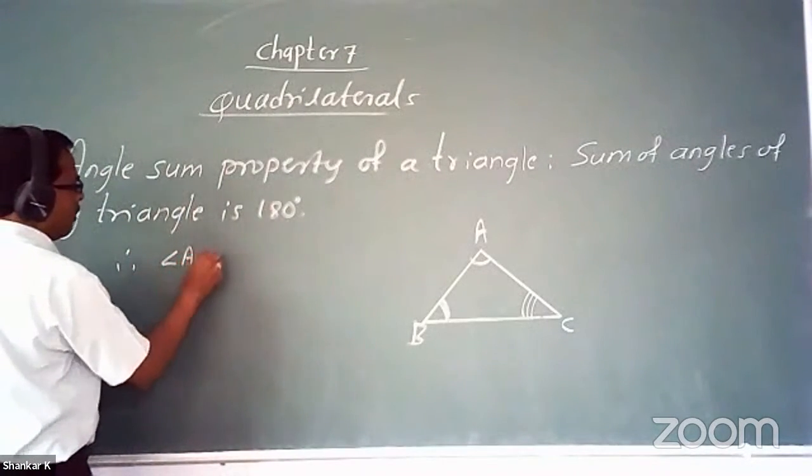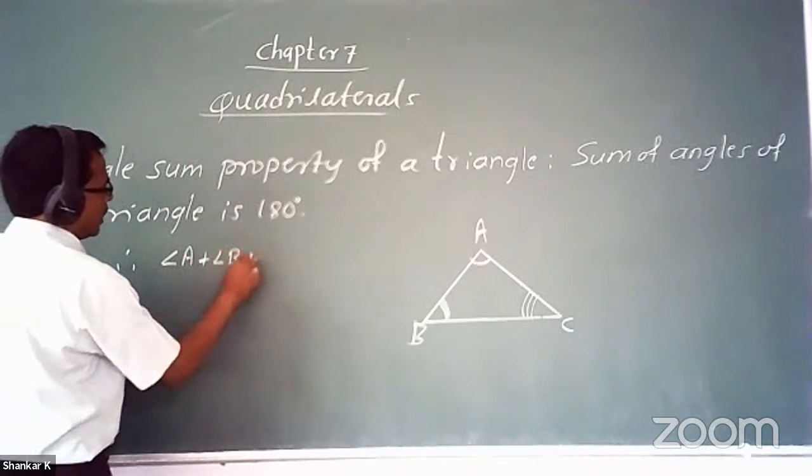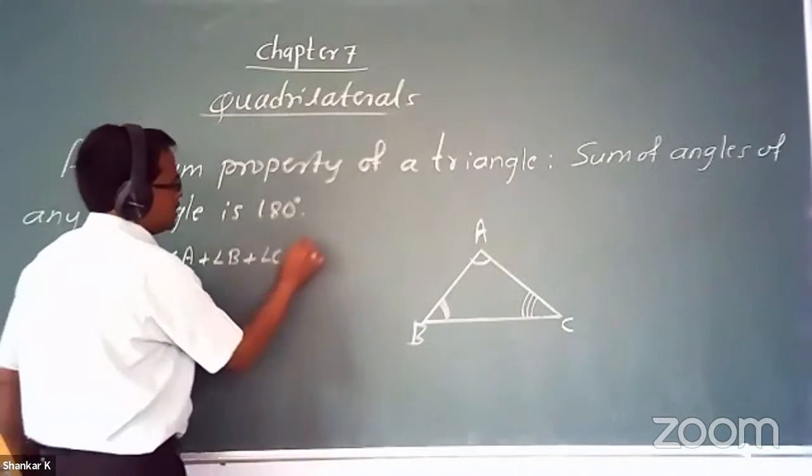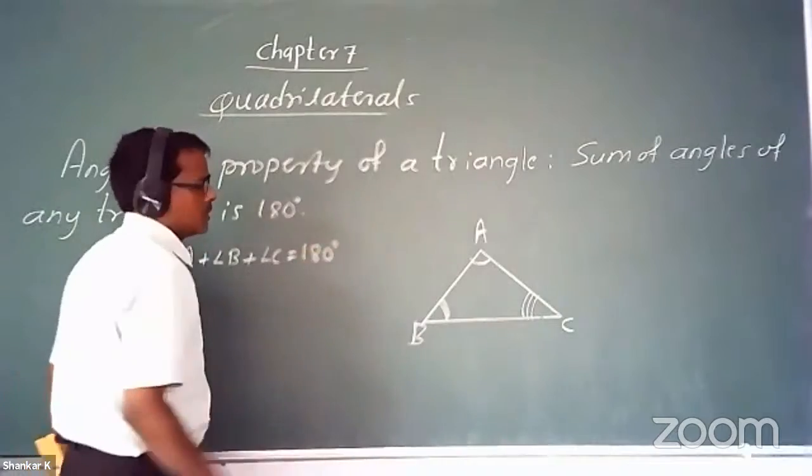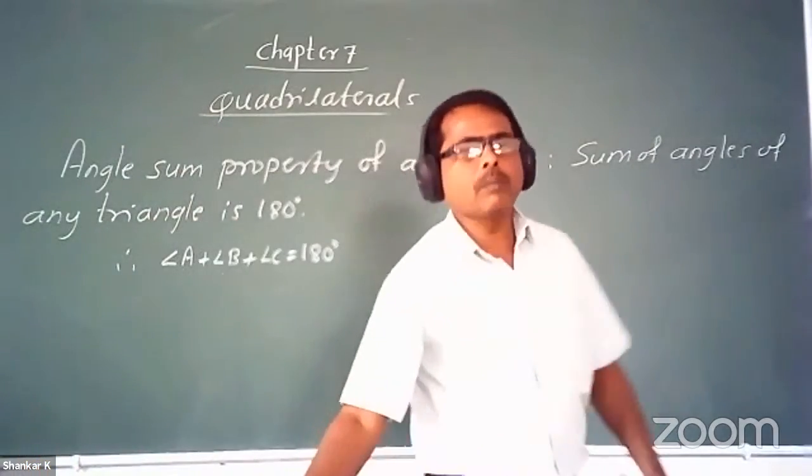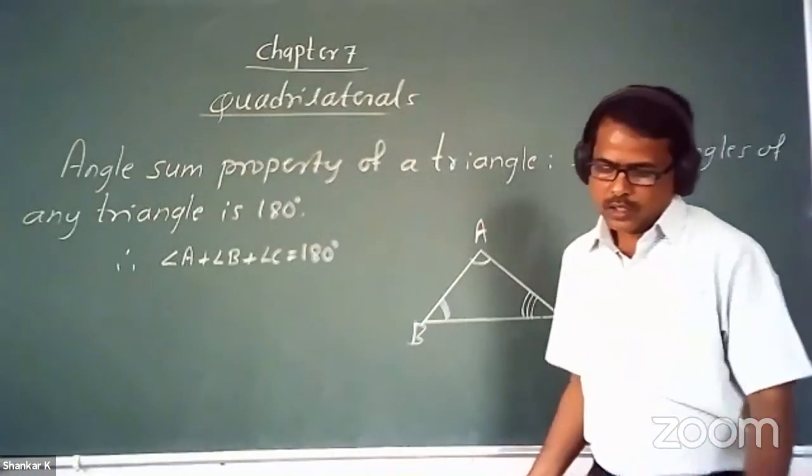Angle A plus angle B plus angle C is 180 degrees.